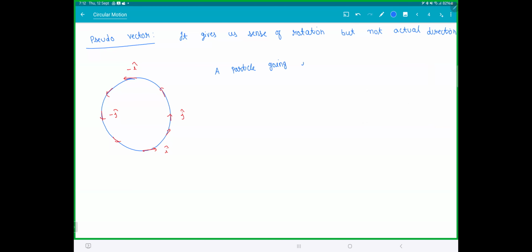So a particle going in a circle or any curve actually has infinite directions. Circle, right? Its direction changes every instant. So for convenience, again, getting it, this is not a concept, this is more of a convenience.